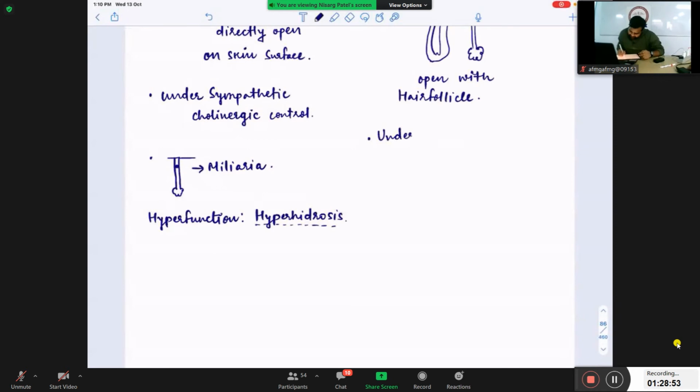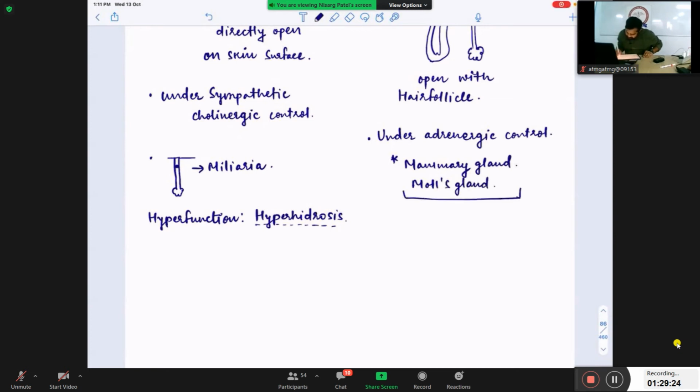The apocrine gland is under the adrenergic control. Among the glands, the mammary gland and the Moll's gland are considered modified apocrine glands.